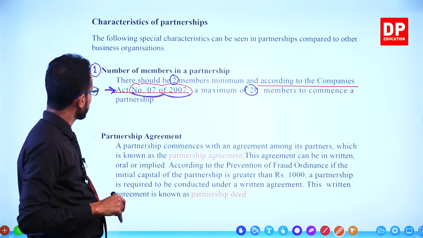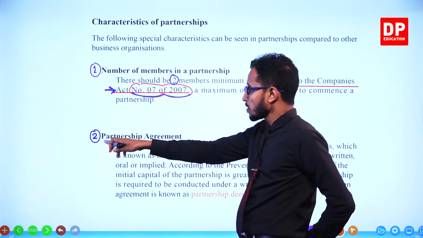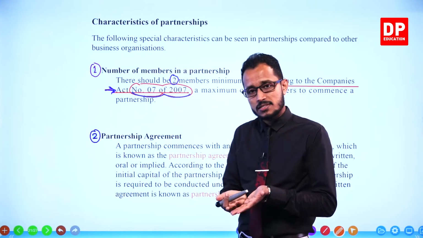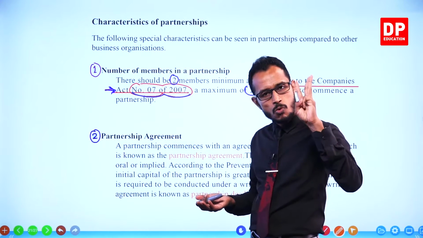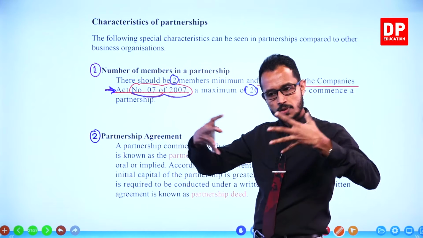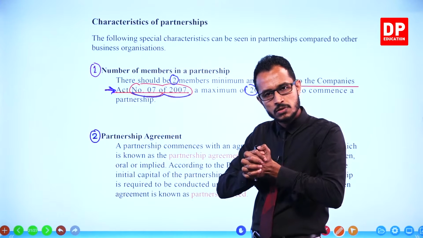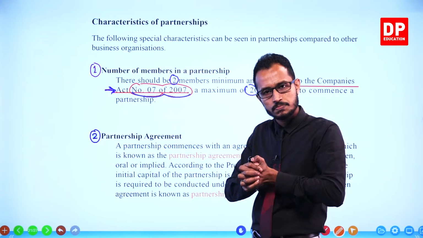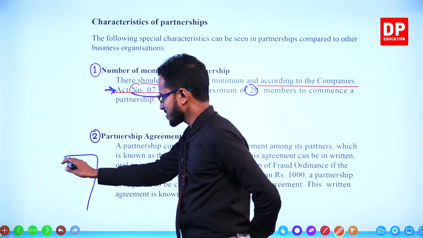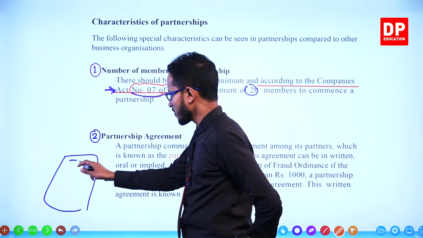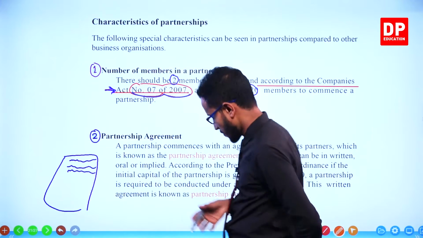Then partnership agreement. Second feature, partnership agreement. A business, especially a partnership, where 2 or more people get together and start, should have an agreement. It's not necessary to have a written agreement.